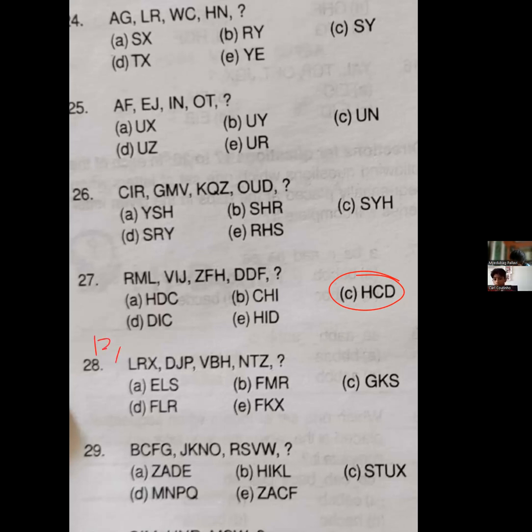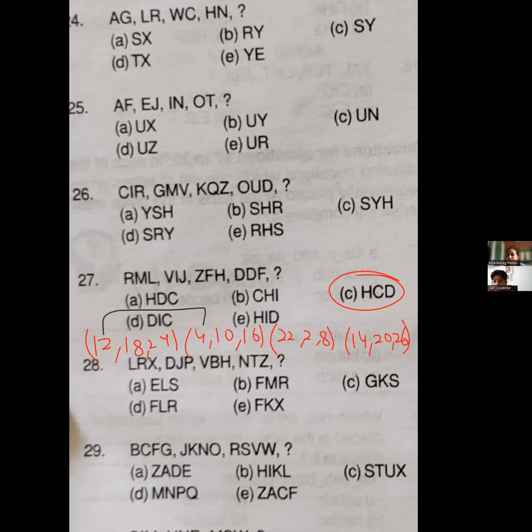I'll write the series 12, 18, and 24. First letter decreases by 8.